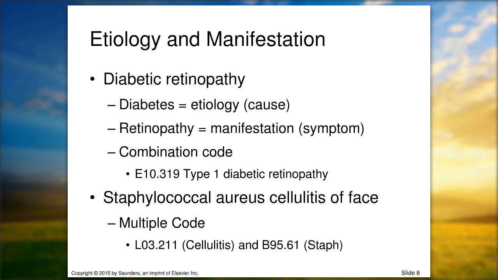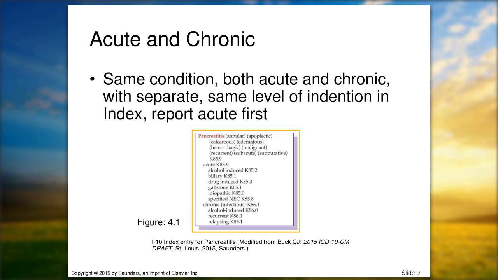We know we had cellulitis of the face, so we went over to L03.2. And then we look down into the column. L03.21 is a cellulitis and acute lymphangitis of the face. Well, that's not what our example said. It just said Staphylococcal aureus cellulitis of the face. So we go to L03.211, which is simply cellulitis of the face. And then we would code the bacteria, the type of bacteria.